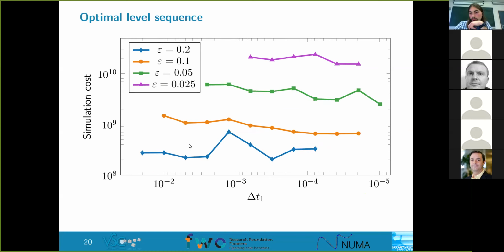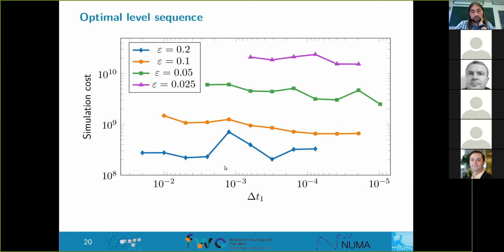And what we see is that for epsilon equal to 0.1, where we predicted our optimal level strategy would be, we have the lowest point in the curve. It's flattened off. And for these two, where we expected that we would save from reducing delta t1 further, we see that the curves are still trending downwards, so that's an indication that our work is correct.